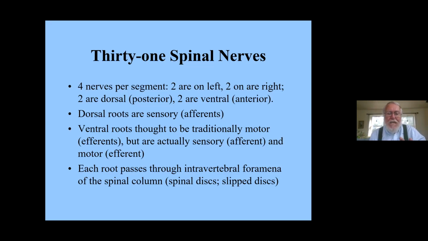So each of these roots, 4 nerves per segment, go through intravertebral foramina. So you have these 2 bony structures, a vertebra and another vertebra. And then you have cartilaginous tissue that separates those vertebrae.